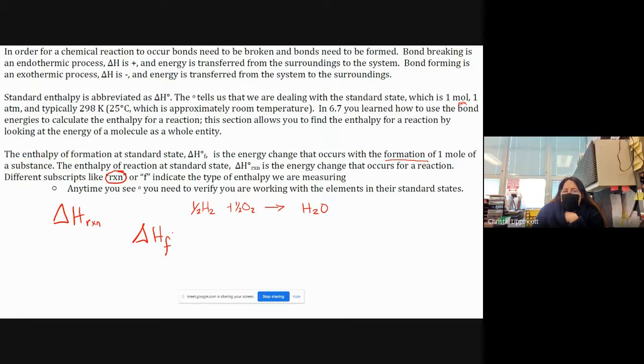So this would be like this, where the water is forming. Anytime you see prime, you need to verify that you're working with the elements in their standard states. So if they have delta prime here, you need to read the problem and make sure that they haven't deviated from that. Because if this is given at prime conditions and they say that you're at 273 Kelvin, things are going to change. That makes sense?